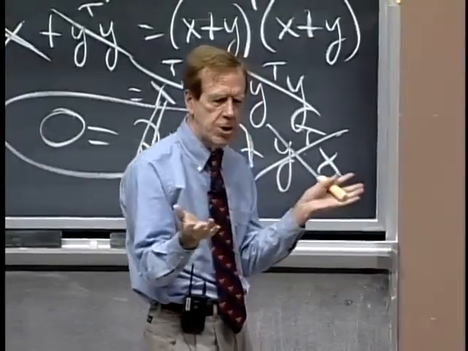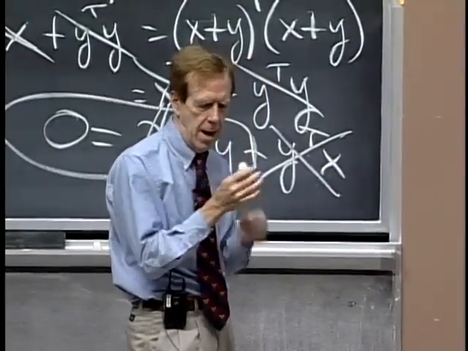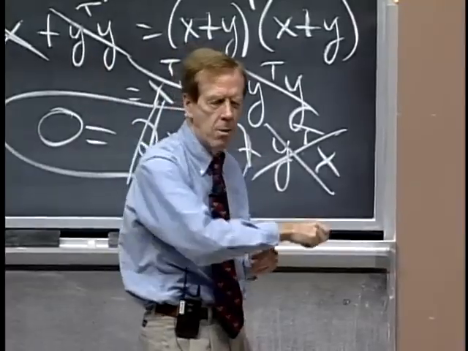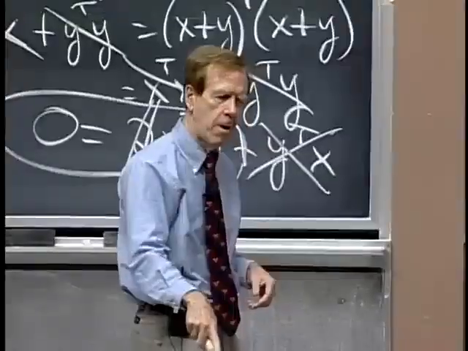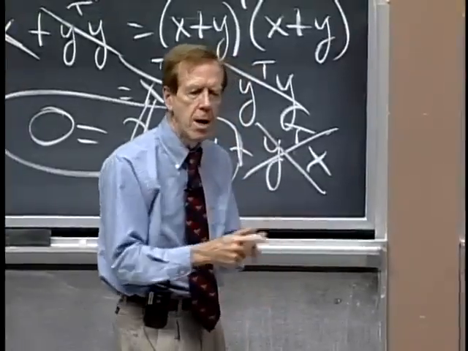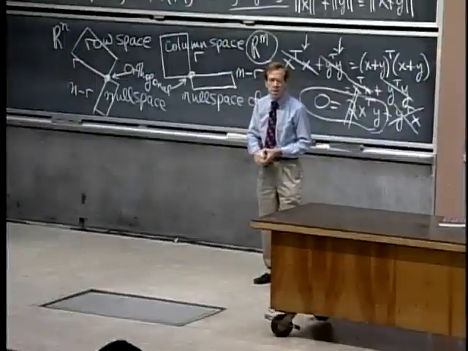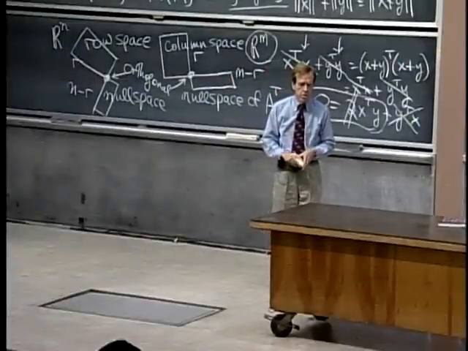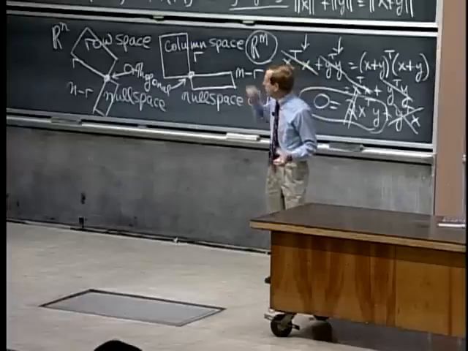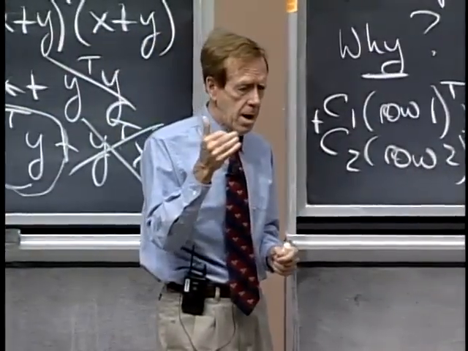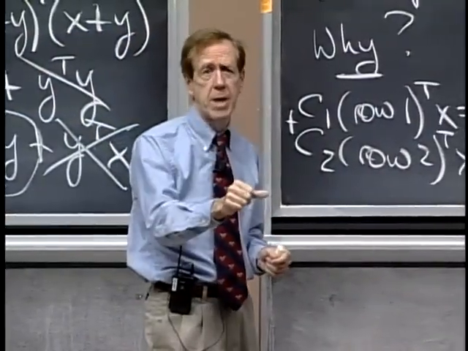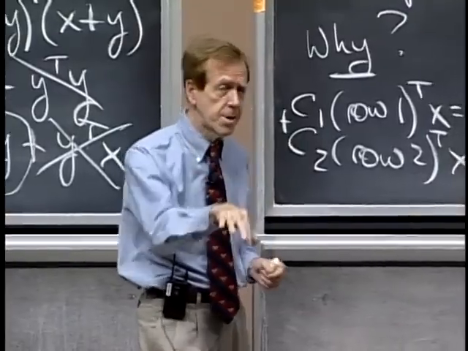Suppose I'm in 3 dimensions, R3, and I have one line, a one-dimensional subspace, and a perpendicular one. Could those be the row space and the null space? Could I be in 3 dimensions and have a row space that's a line and a null space that's a line?